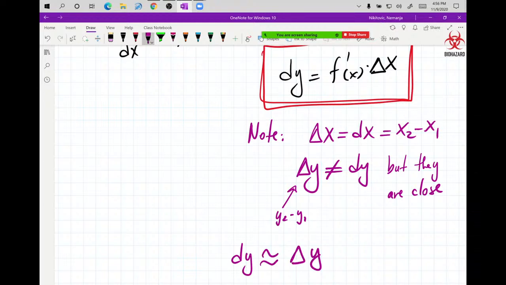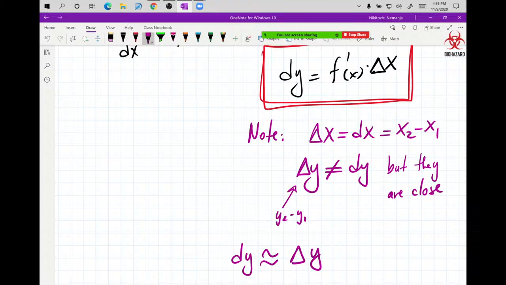So we want to know the change in y. Change in profit. Am I making profits or am I losing profits? Right? Change in volume. Volume goes up, volume goes down. By how much? Because when you subtract the volumes, the difference is how much the volume grew.